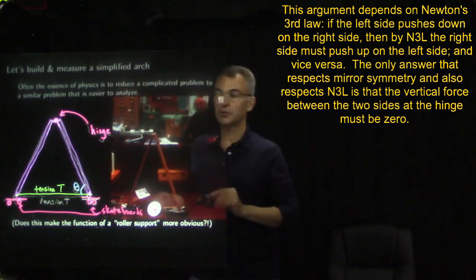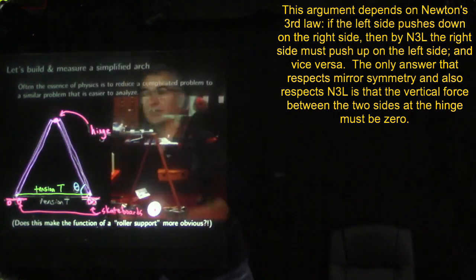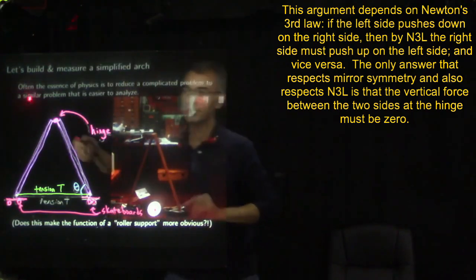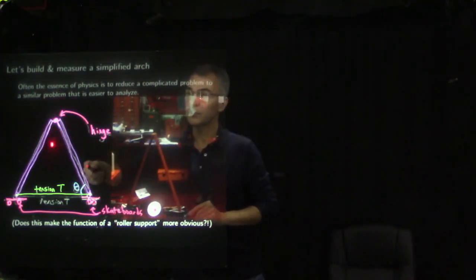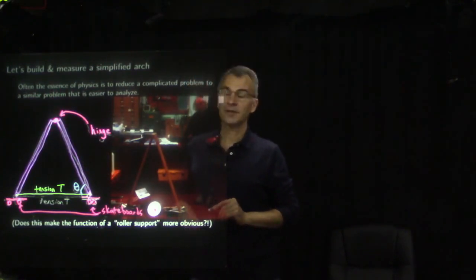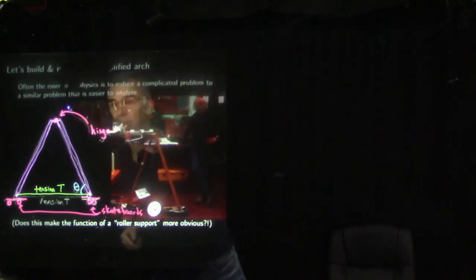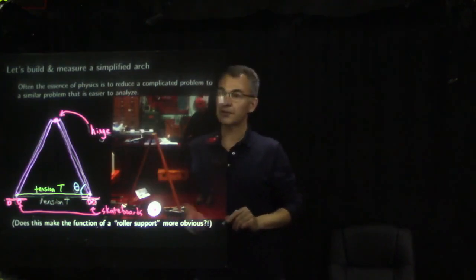Well, then by symmetry, you would think that the left side should be pushing down on the right side. Or suppose the right side is pushing up on the left side. Well, by symmetry, then you should think that the left side is pushing up on the right side. So I claim that by symmetry, there is no reason that one side of this arch should be pushing up or down on the other, because if you do a mirror image, you see if this is pushing up on this, and then this is pushing down on the other part, if you then reflected that in a mirror, you would change the sign.